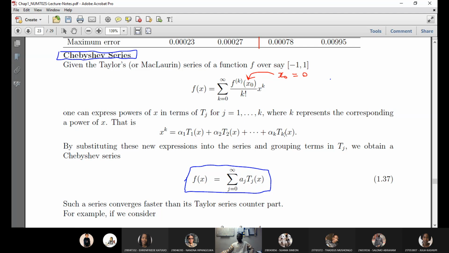If you write Tk, it is a polynomial of degree k, so this x^k will appear. So if you can write that as a linear combination of T1 up to Tk, you can see with me that it's easy to take this x^k and substitute in this formula, and therefore you obtain a polynomial in this form.